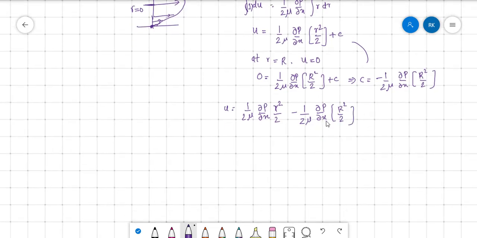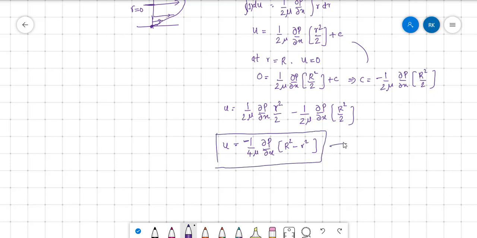So I am taking out this common, 1 by 4 mu into dou p by dou x. I am taking minus outside, so this gives us capital R square minus small r square. This is the equation of velocity profile, and this is a parabolic velocity distribution. There is a square, so it is a parabolic velocity distribution. So we have got the velocity profile.